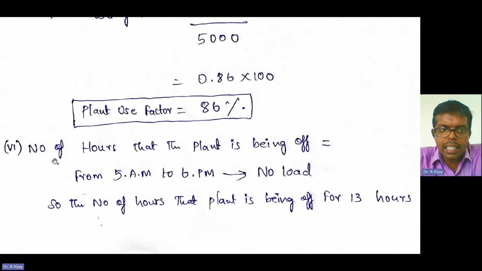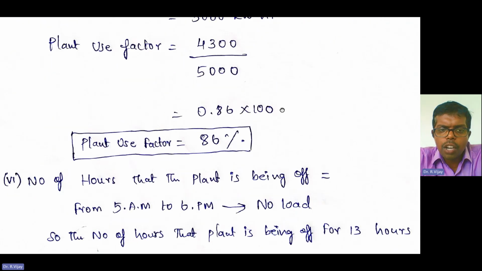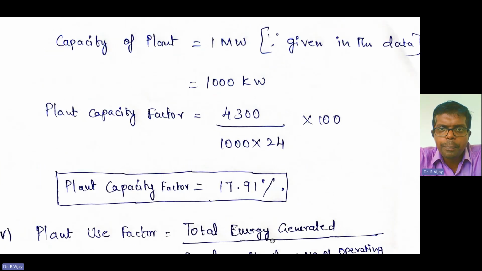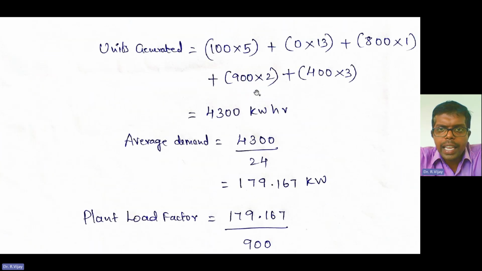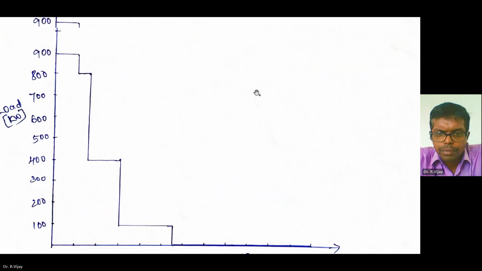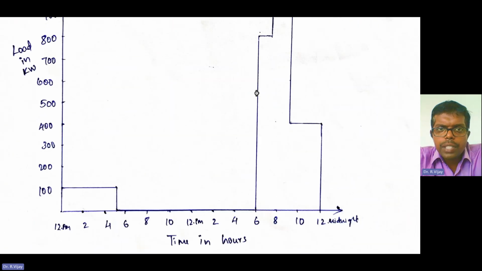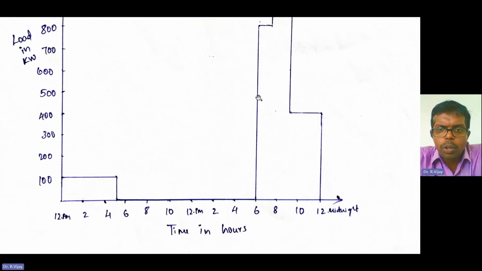Next, they asked the number of hours that the plant is off. From the load duration curve or load curve, from which operating hours is the plant off? From morning 5 a.m. to 6 p.m., the load is off, that is, the generators are off.